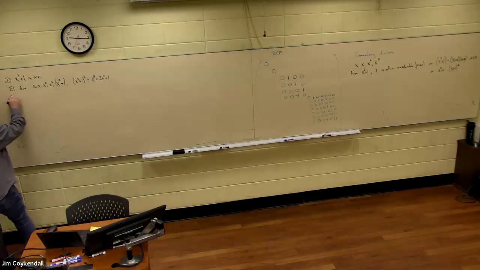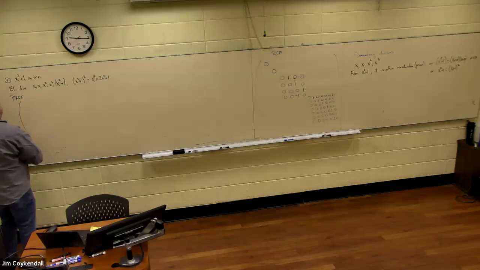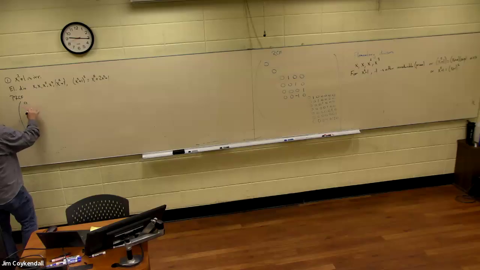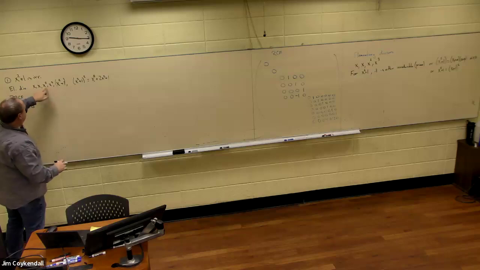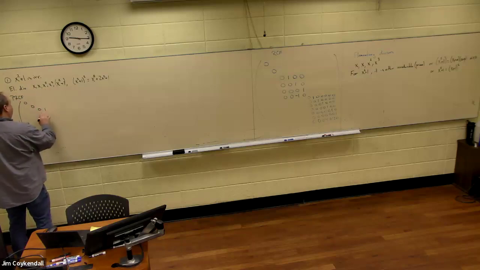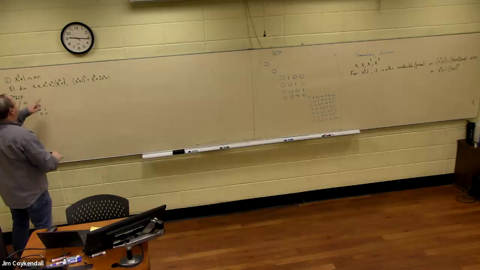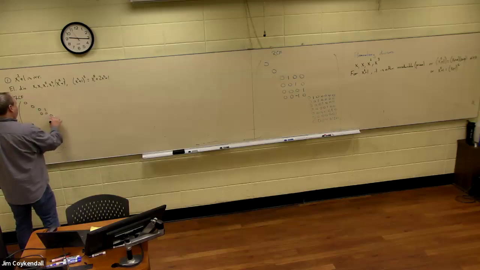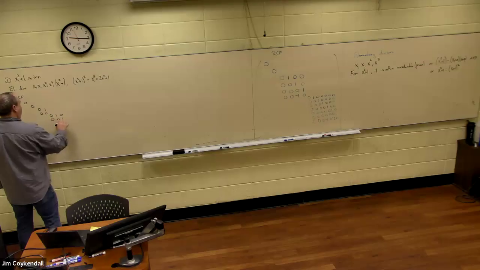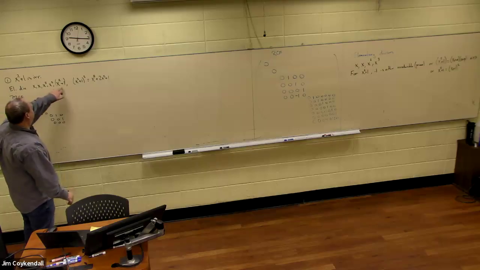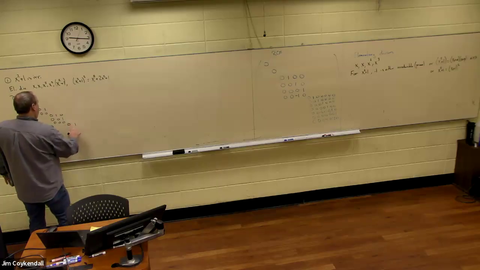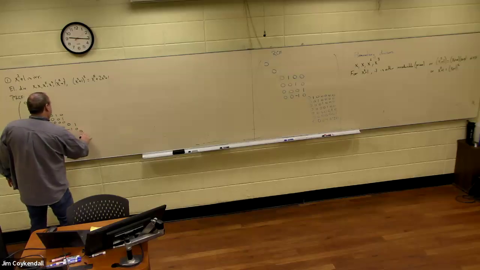So the primary rational canonical form is this. 0, 0. Now this corresponds to a 2 block. And this corresponds to a 3 block. And 0, 0, 0. So that takes care of this. Now I've got a 2 block here. And now I've got a 4 block.